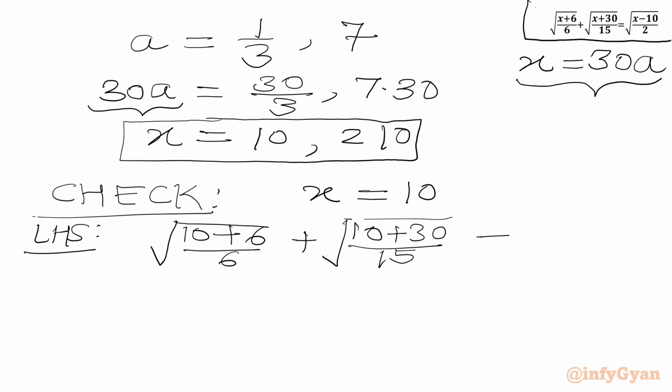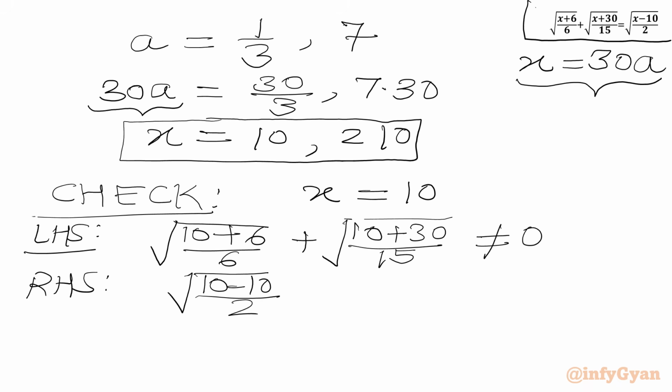This won't be zero, it is a non-zero number. Now we will find RHS, and RHS is square root of x minus 10 over 2. So 10 minus 10 over 2, which will be equal to 0.